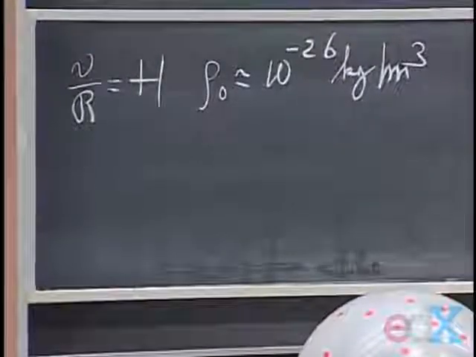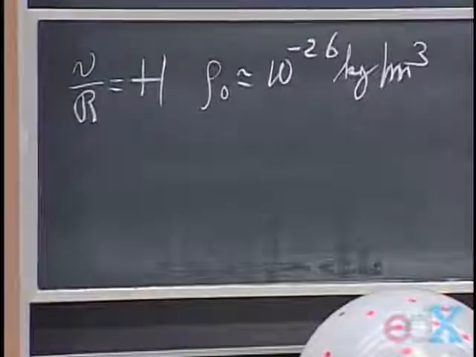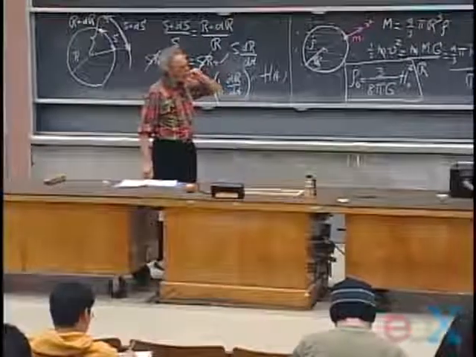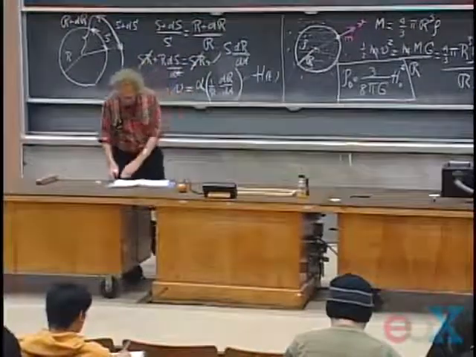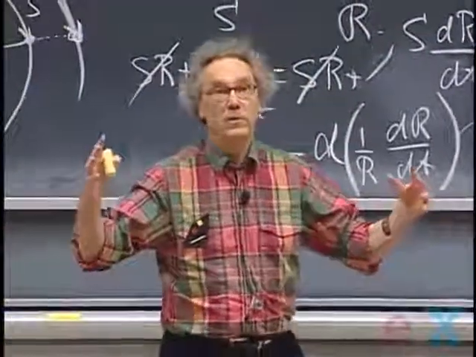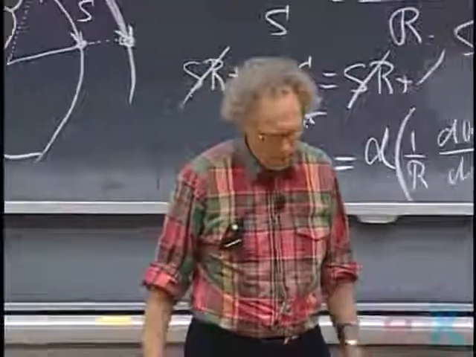And so if rho is smaller than this amount, then we will continue to expand forever. If the mean density right now is larger than that amount, then the expansion will come to a halt, redshift will become blue shift, and we will collapse again.